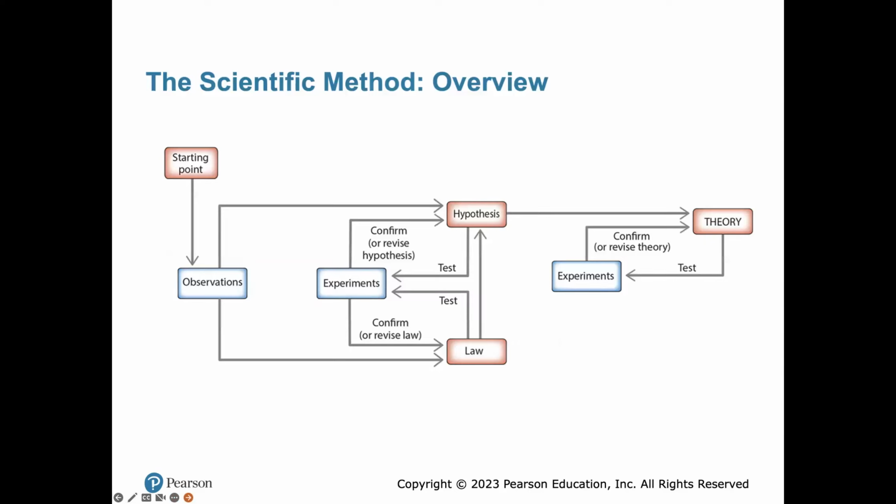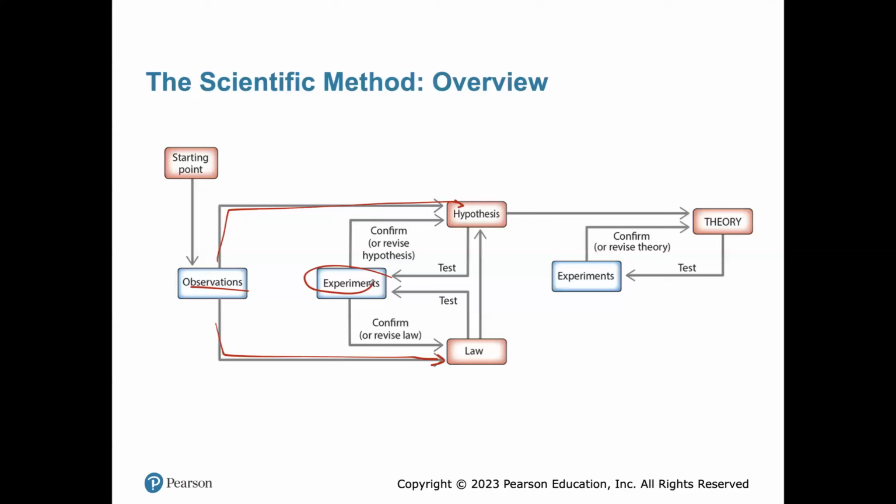So overall, when we look at the scientific method, your starting point is observation. Based on the observation, we form a hypothesis. A large set of observations becomes laws. And when you have a hypothesis, we design experiments and tests to prove or disprove the hypothesis.